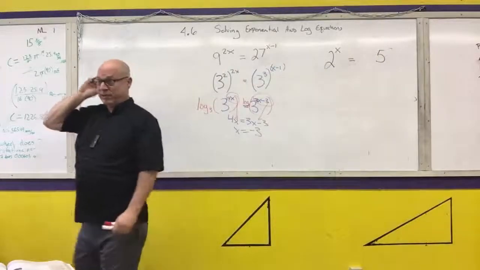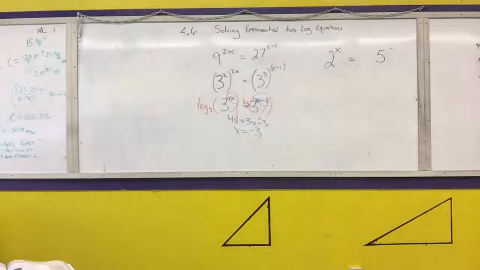I want to solve for x. How do I get rid of that 2? What's the log base 2? Anytime you've got 2 to the, or a number to the, you do the log base of whatever that number is. So I'm going to take the log base 2 of the left-hand side.